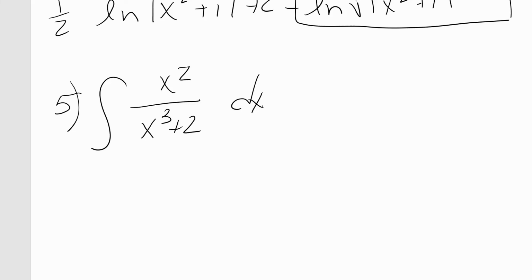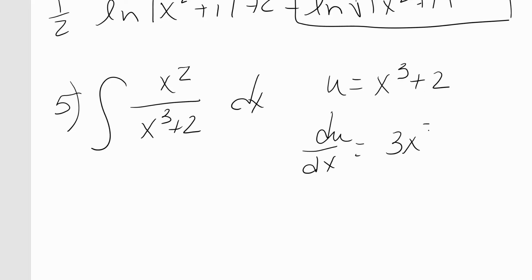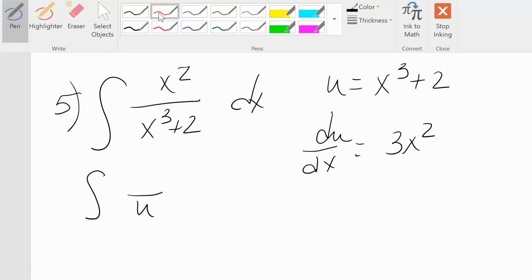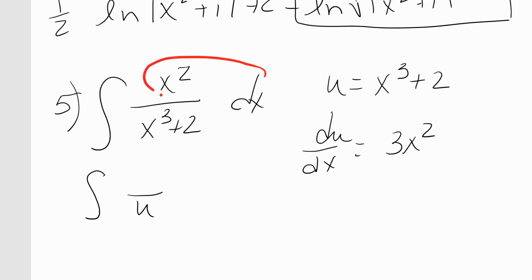All right, so u is going to be my denominator, x cubed plus 2. Du dx would be 3x squared. So I have the integral. U is in the denominator. Again, what do I have left? X squared dx. I want that to match up exactly with what's going to be over here.